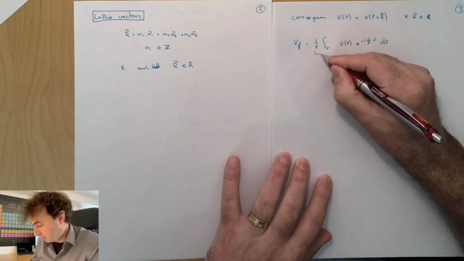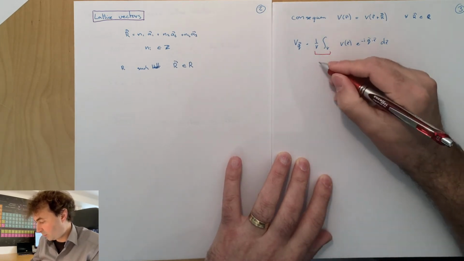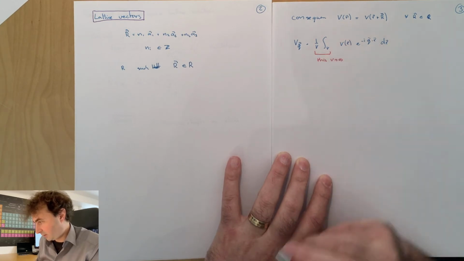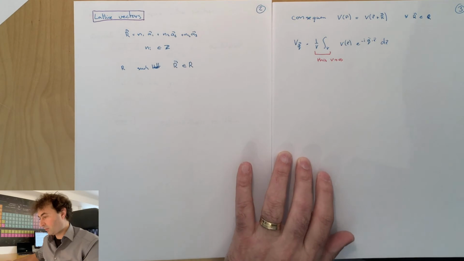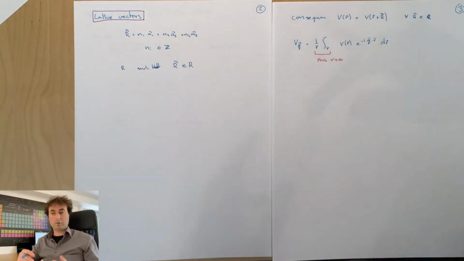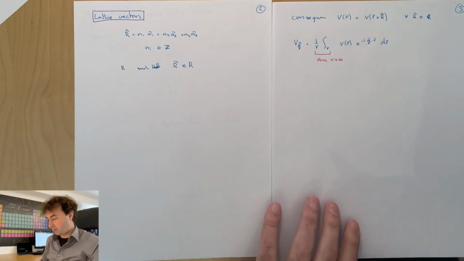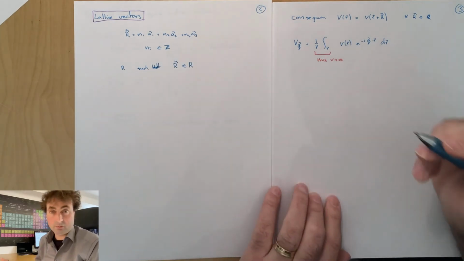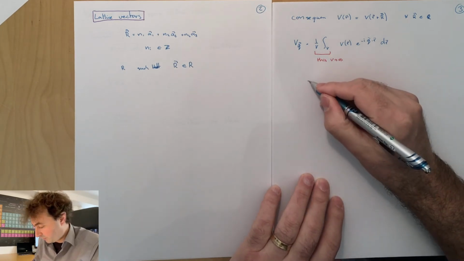Where we have to be a bit careful, this volume is the volume that goes to infinity. It is not the volume that we had before, which is the volume of a single unit cell. But in the end, it doesn't matter that much.